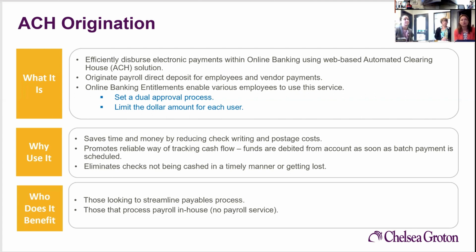And the nice feature about ACH origination is really the control around it. So you have a lot of flexibility and customization in terms of whom on your team you can enable to push out a payment, and the authority to enable that payment to go out. So for example, you could have somebody on your staff who is your accounts payable person set up all the batch of payments that you need to make electronically.